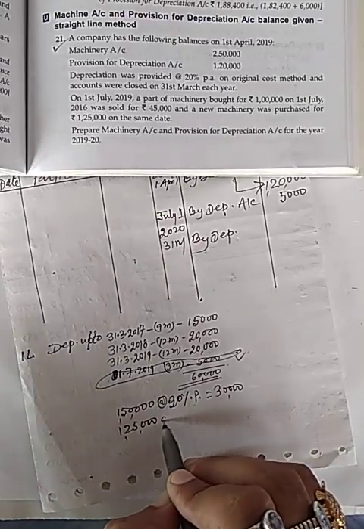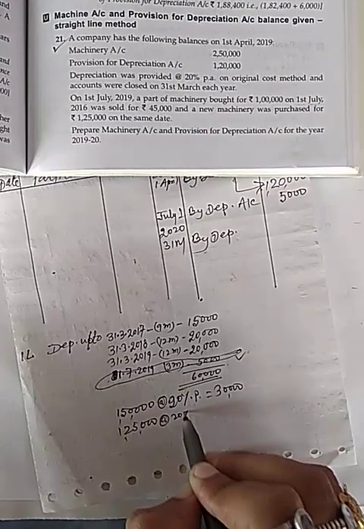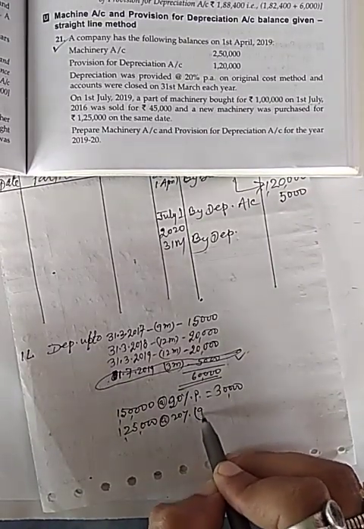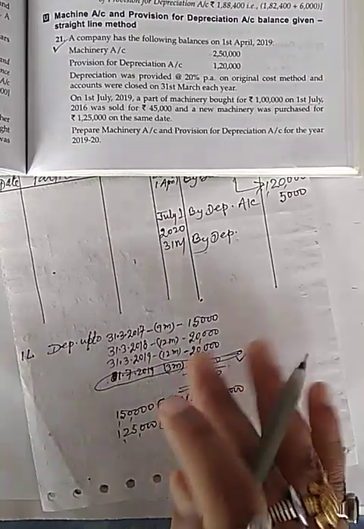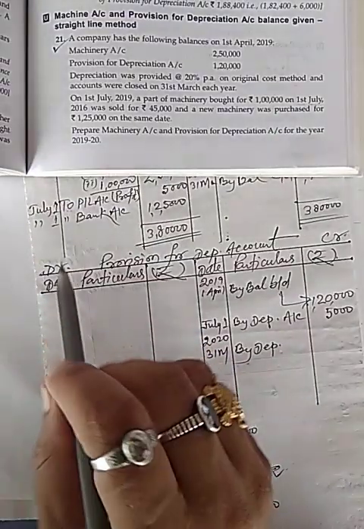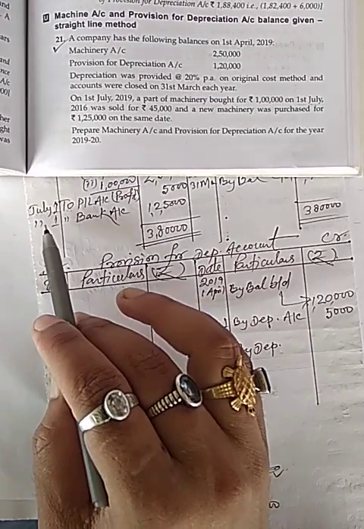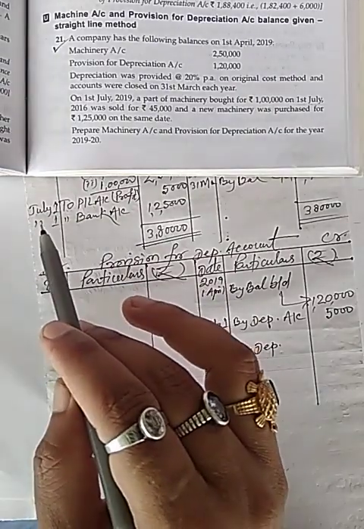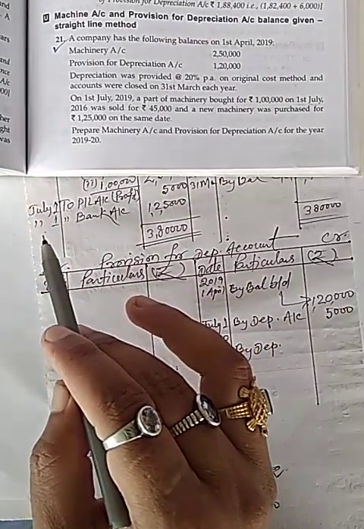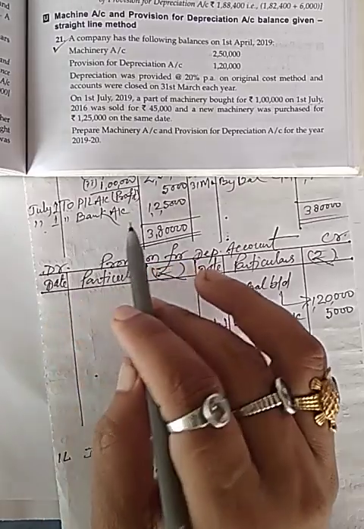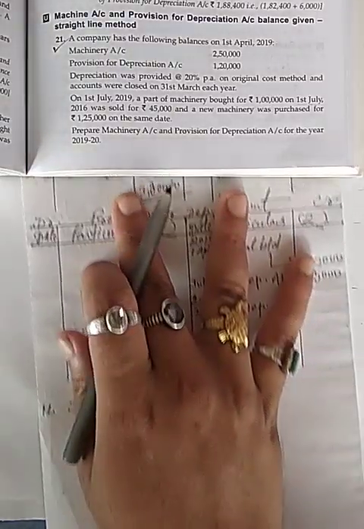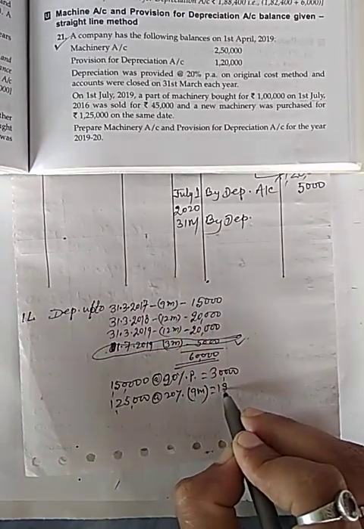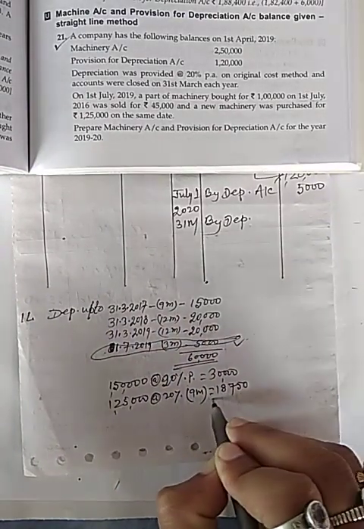So we will calculate depreciation at the rate of 20% for 9 months, because it has been purchased on 1st July. So from July 1st to 31st March 2020, it will be 9 months, and depreciation will be 18,750.